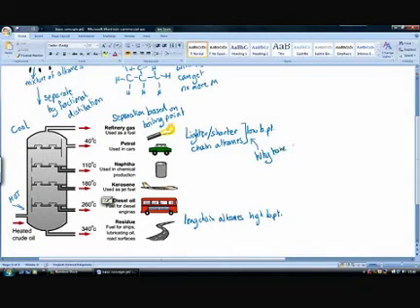Now, why do they have different boiling points? Well, it's all to do with the intermolecular forces, and the intermolecular forces at play with alkanes are van der Waals.